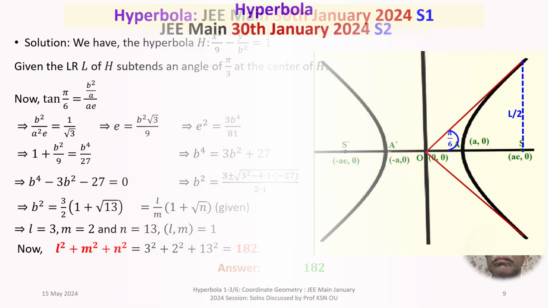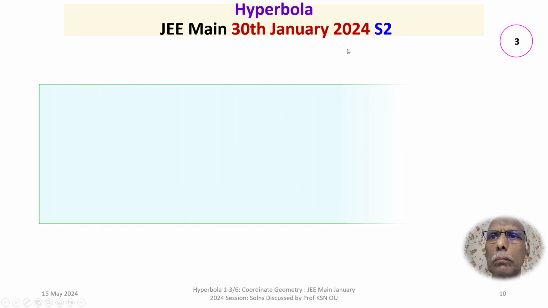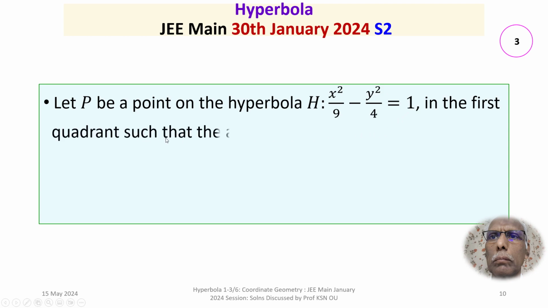This question has appeared in the JEE Main exam held on 30th January 2024 in the second shift. The given question is, let P be a point on the hyperbola H given by x square by 9 minus y square by 4 is equal to 1 in the first quadrant.